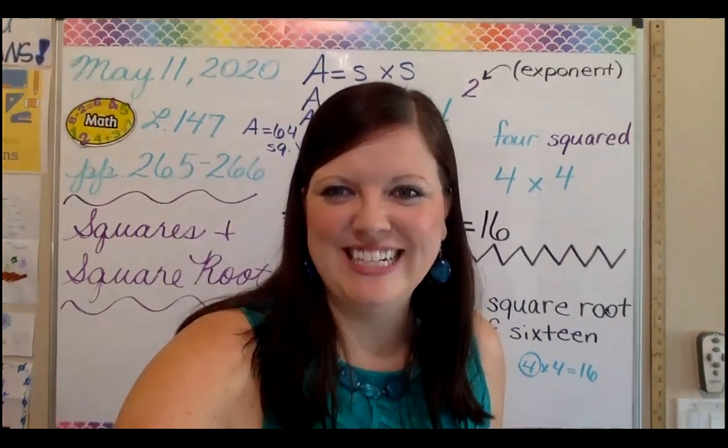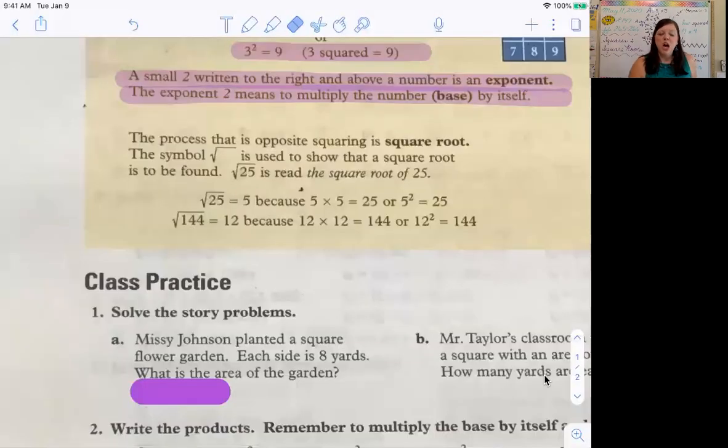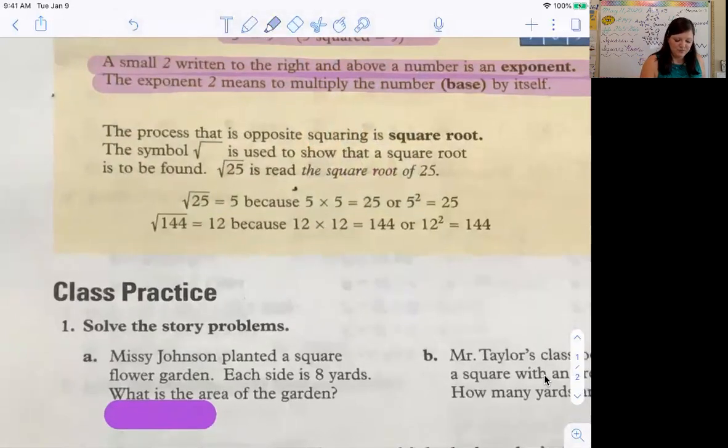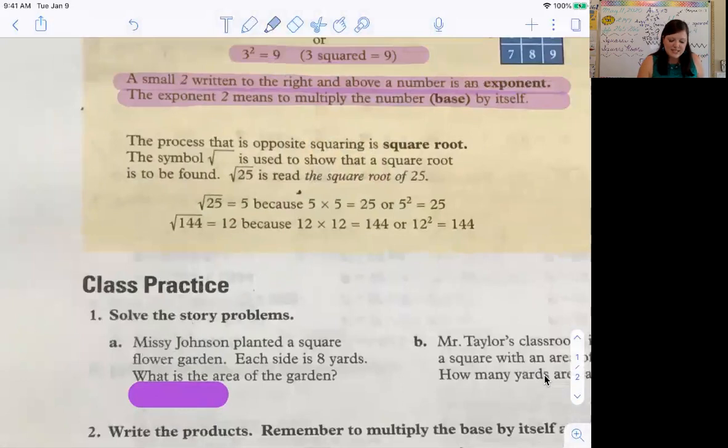Let me share my screen. Let's go back up to the top section, shall we? Let's do this. The process that is opposite squaring is square root. The symbol, that right there, is used to show that a square root is to be found.